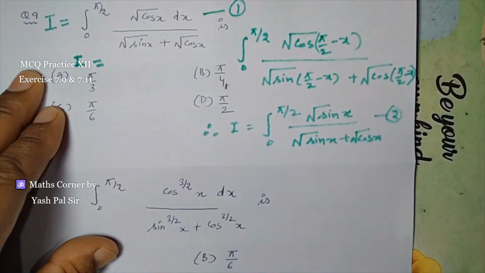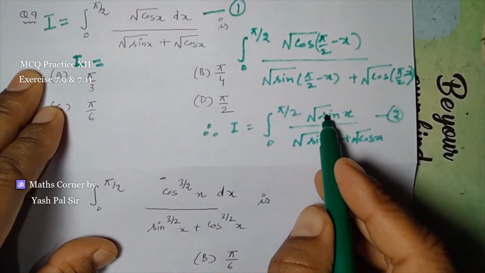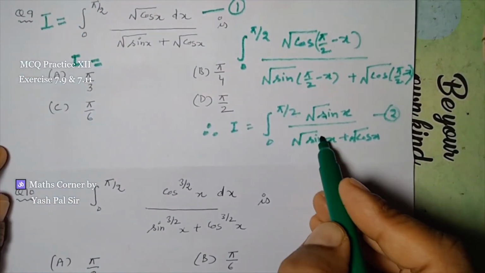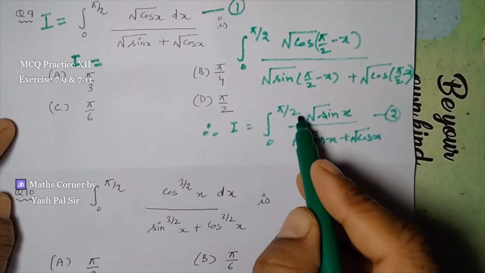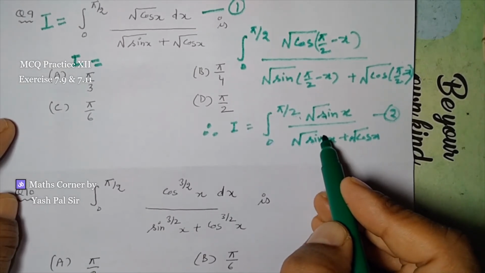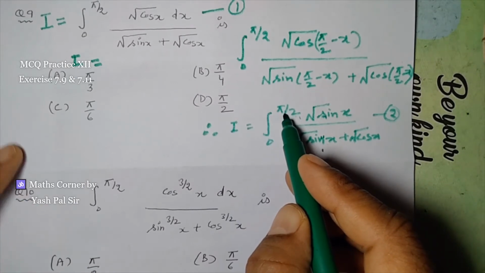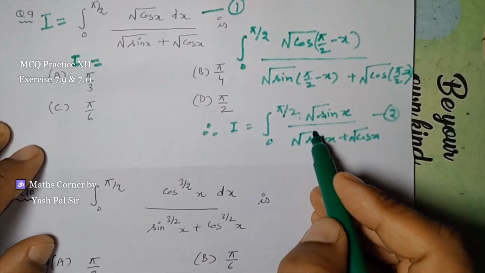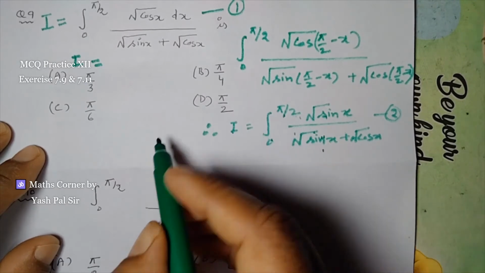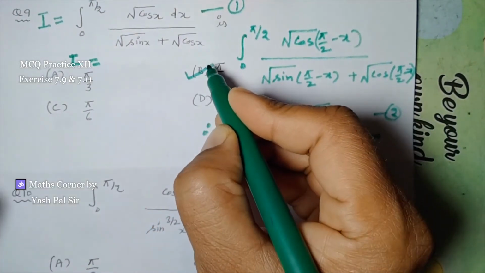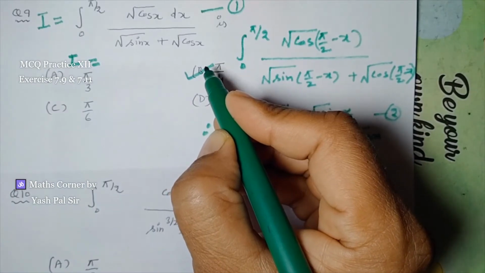Again adding 1 and 2, the denominator and numerator become the same, so with cancellation only 1 will be left. Integration of 1 is x, upper limit is pi by 2, lower limit is 0, so 2I is equal to pi by 2, so I becomes pi by 4. Option number B is the right choice.